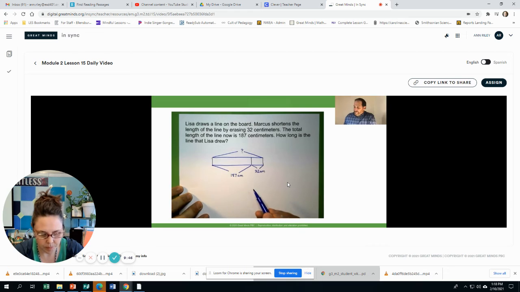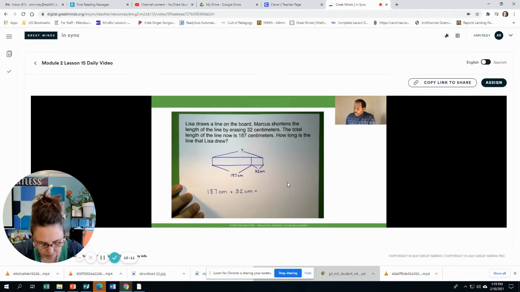In order to solve this problem, I knew that I'd have to find the total of the length of the line now and the part that Marcus erased. So to write an equation to find that total, I could add 187 centimeters and 32 centimeters.